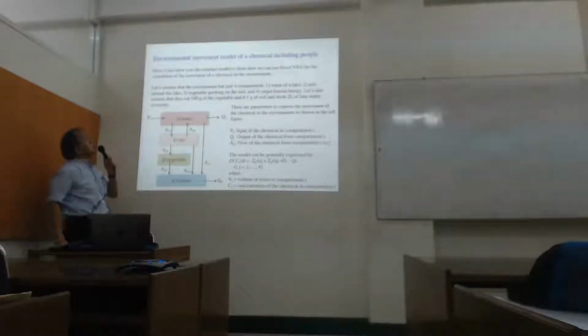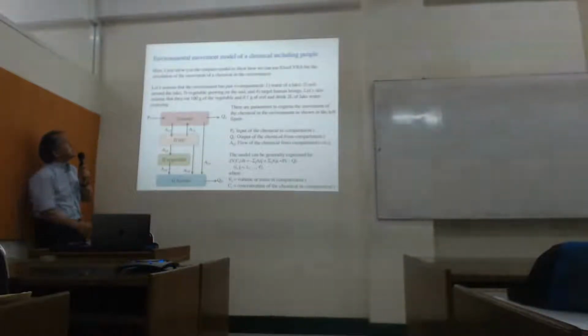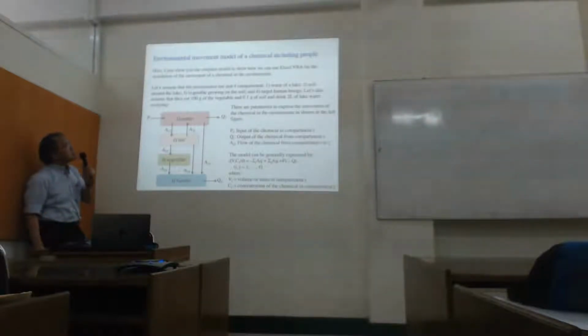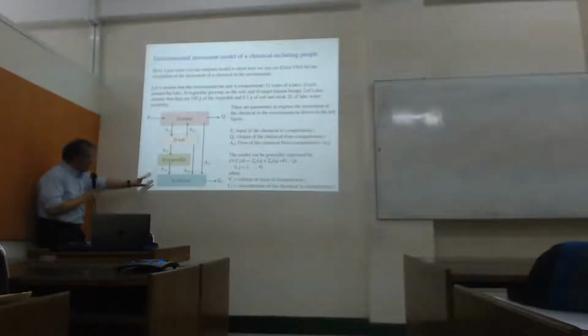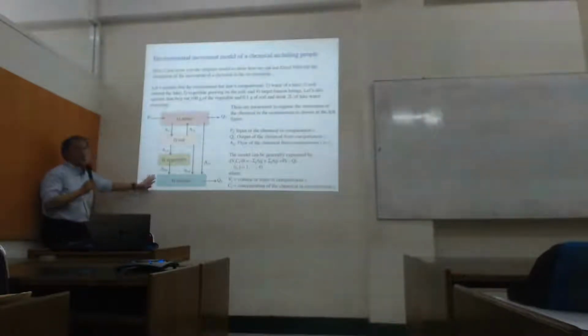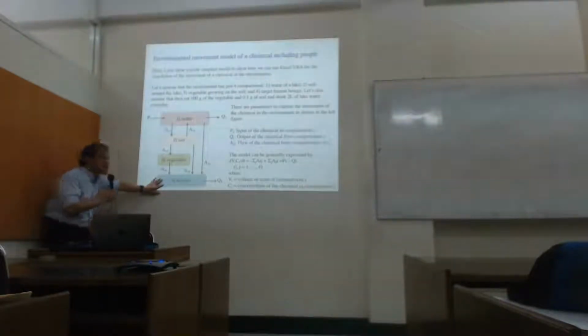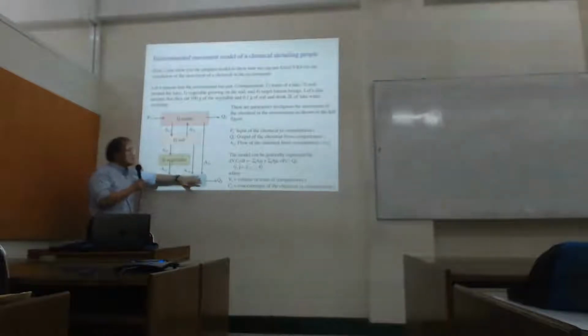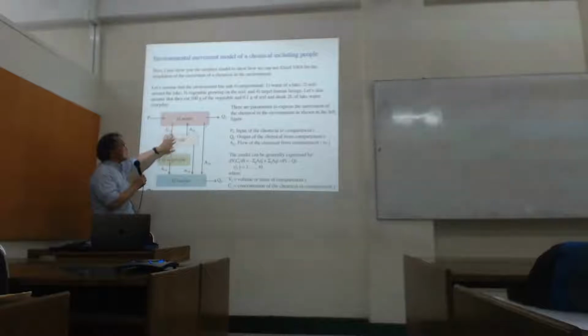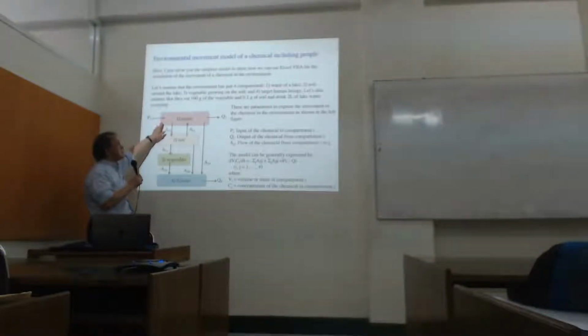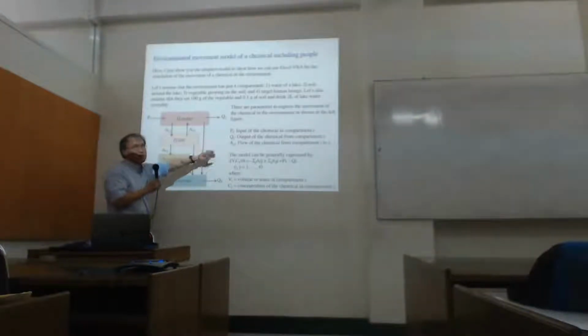This is a typical model of the movement of environmental pollutants. It is an environmental movement model of chemicals including people. I'm sorry, my example is not so good. My example already includes human beings in the model, but usually environmental models don't include human beings. They just calculate the concentration of pollutant in water, soil, vegetables, or air.